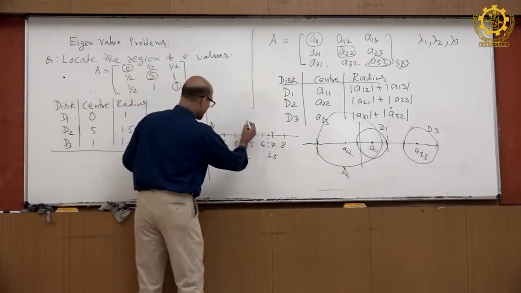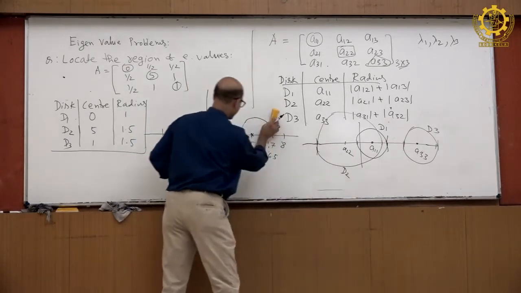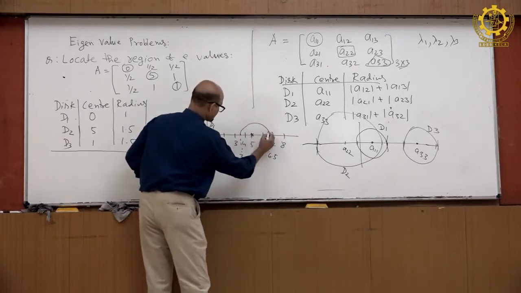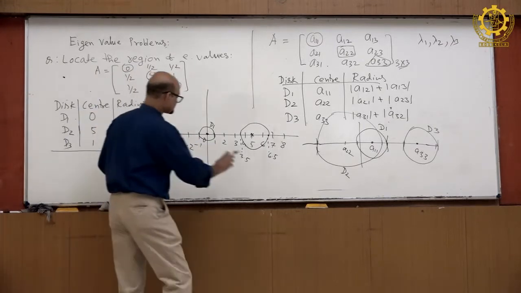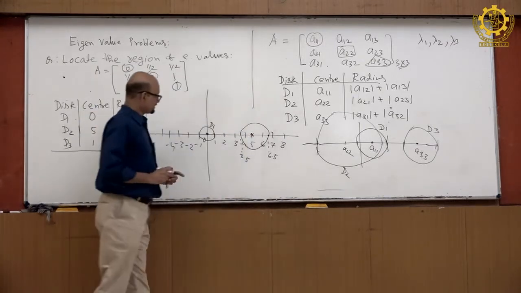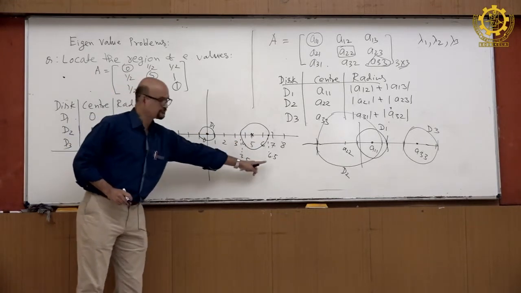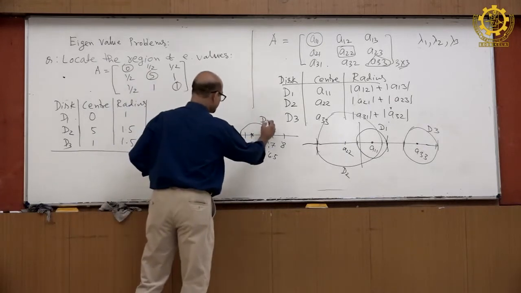So, now I will have the disk as, sorry, no, this is not 3.5, yes, this is 3.5. This is 4, na? 4 to 5, 1.5. So, 3.5 to 6.5. So, this is your D2.